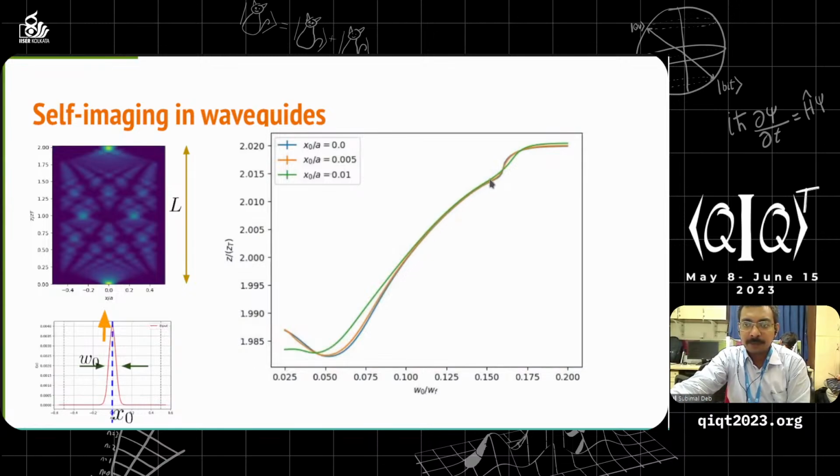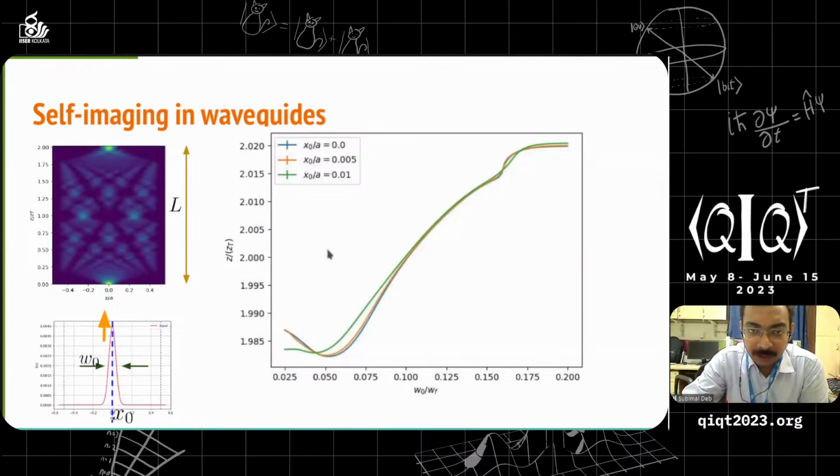It goes up and kind of saturates as you move on to a higher width. We do not make it a very broad beam so that we can keep the beam well confined within the waveguide.